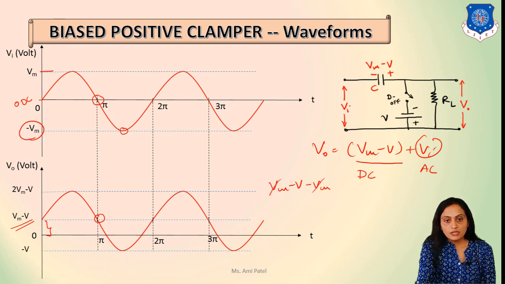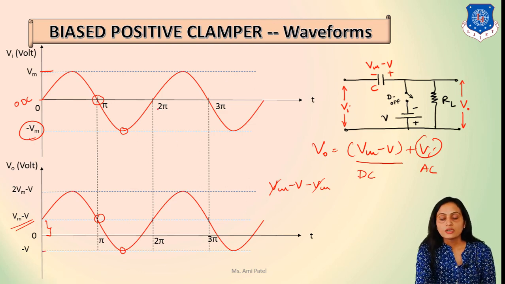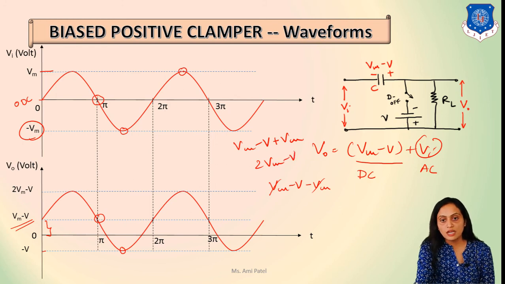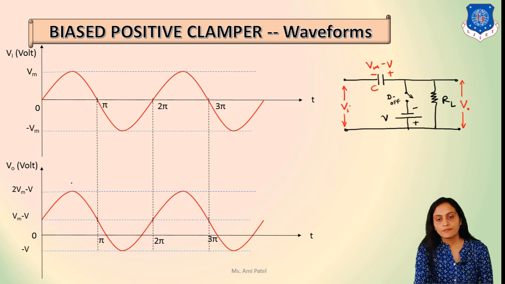So at this particular instant, you have an output voltage of minus V, this you can see. And if we put Vi as plus Vm, then the output voltage is Vm minus V plus Vm. So it is 2Vm minus V. So at this particular instant, the output will be this one, that is 2Vm minus V. This is how we can find out the output voltage at different instants.